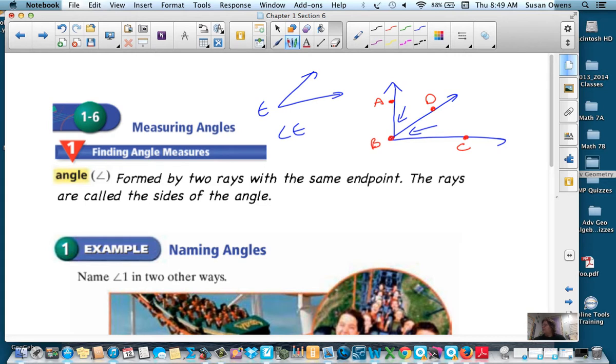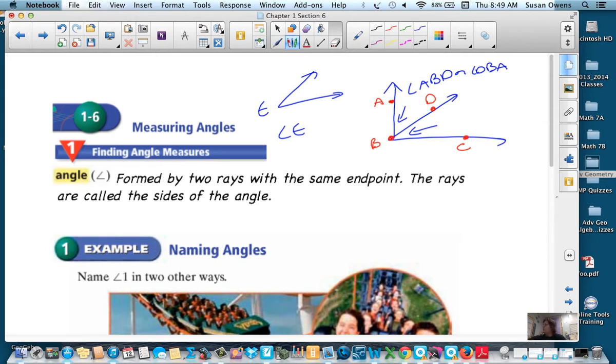I could call it ABD, I could call it DBA. So I'll put a couple examples. So this would be angle ABD or angle DBA. The only thing is the middle point needs to be the vertex.